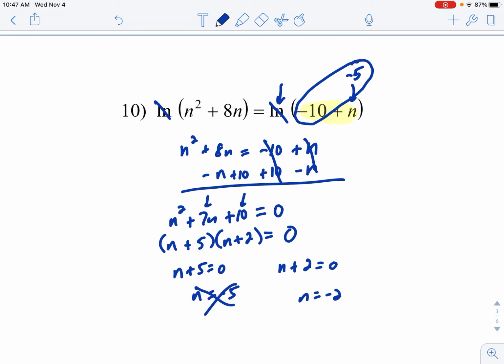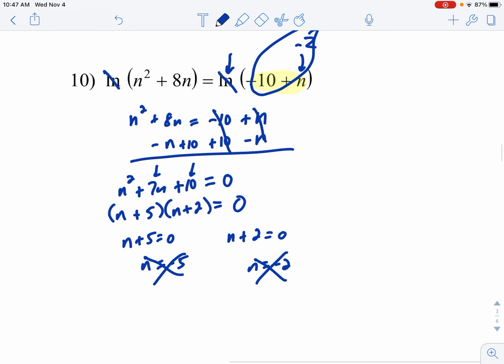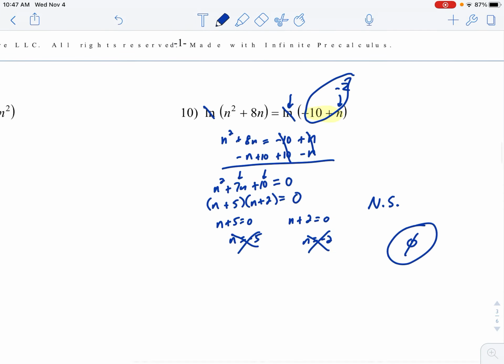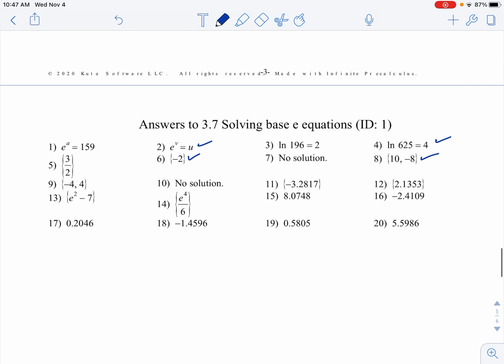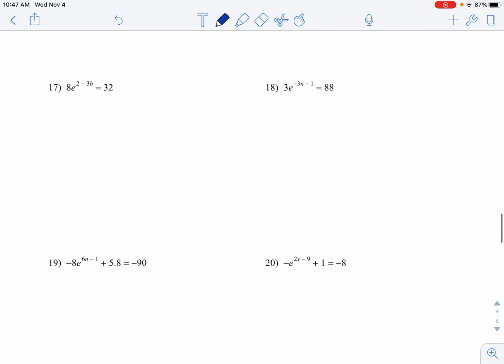That's extraneous. Same thing for plugging in a negative 2. The second answer, negative 10 plus negative 2 is negative 12. You cannot take the logarithm of a negative number. So we did get solutions, but they don't work. This problem has no solution, or you can use that no solution symbol. Let's check number 10, and there it is.